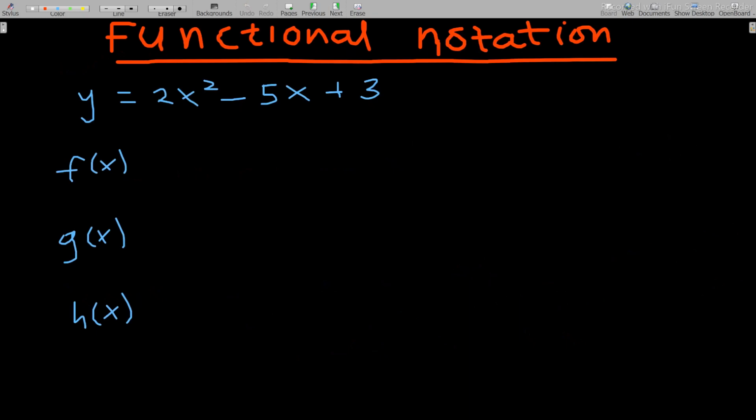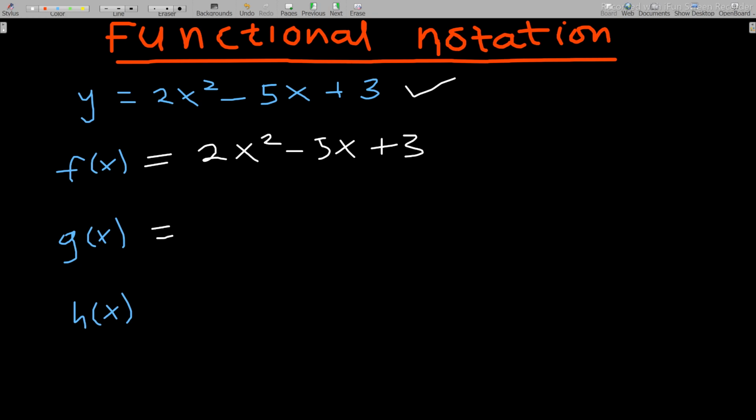Let's go to functional notation. Now if I have y equals this, sometimes you want to change the way we write it. y equals 2x squared minus 5x plus 3, and now we can call the same equation f of x, meaning this is a function f dependent on x, equal to 2x squared minus 5x plus 3.